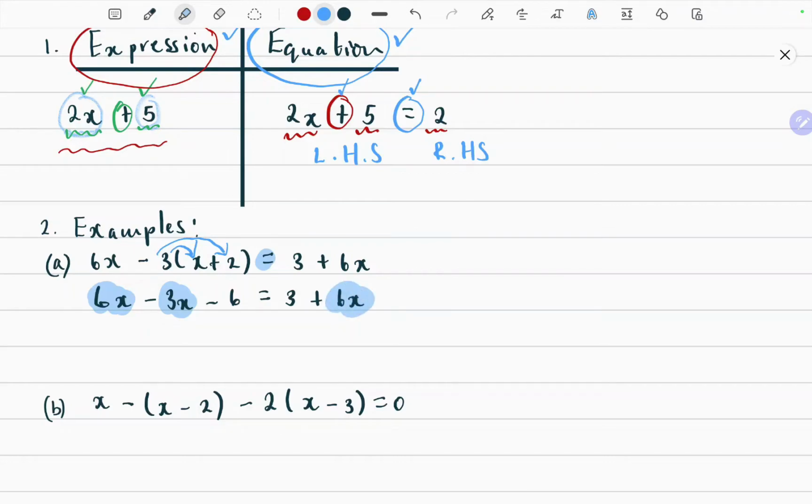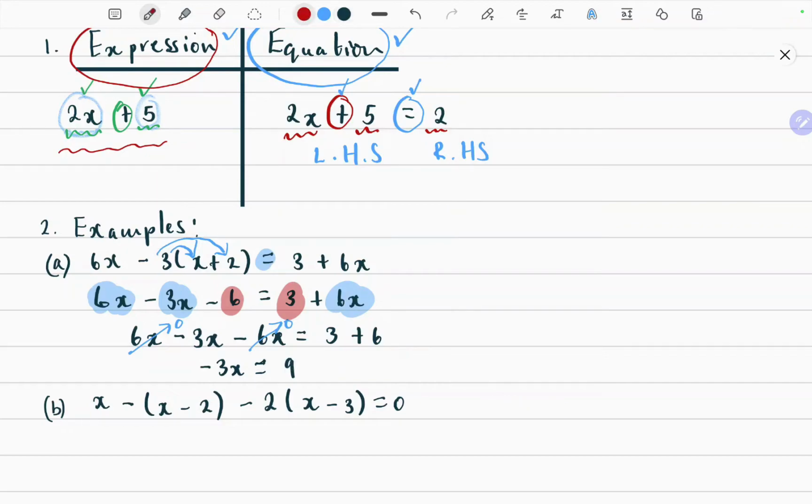So you should get 6x minus 3x minus 6x equals 3 plus 6. Already by inspection, we can see that 6x minus 6x cancel each other out. So we are left with minus 3x equals 9.